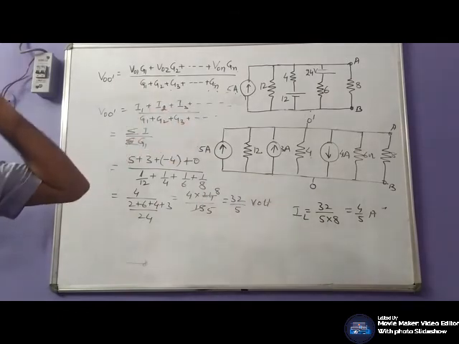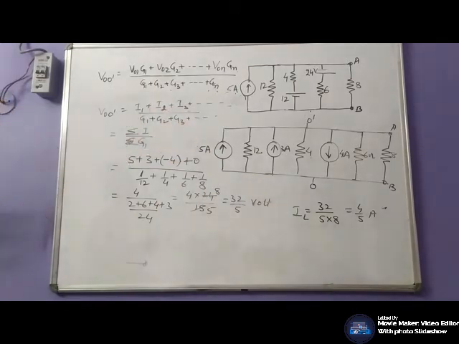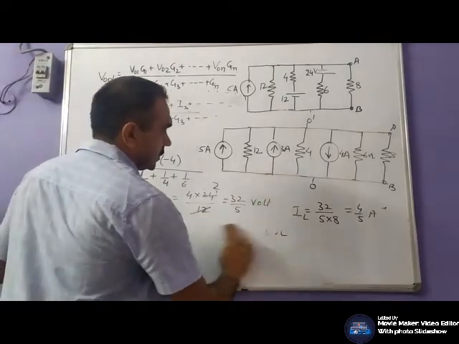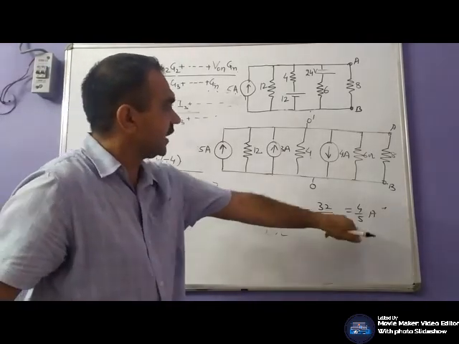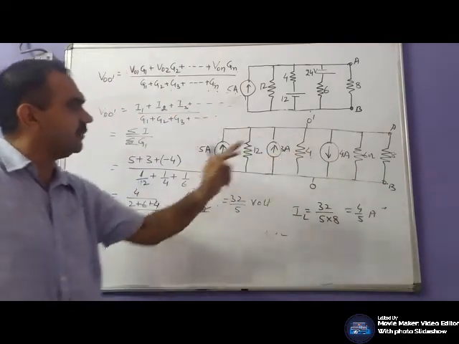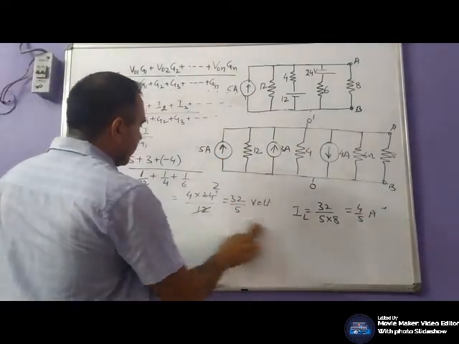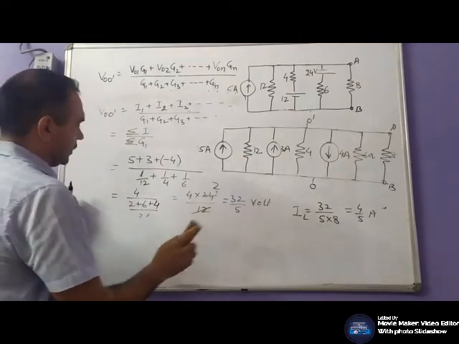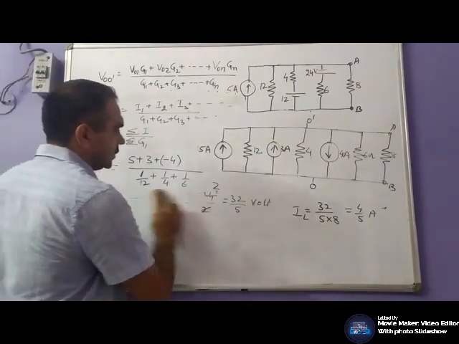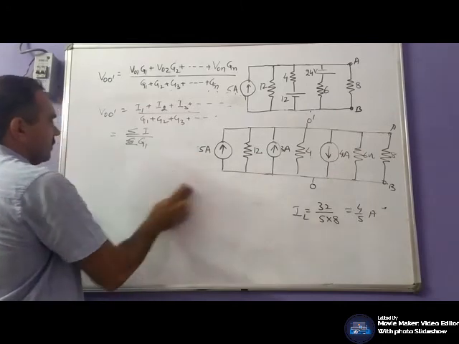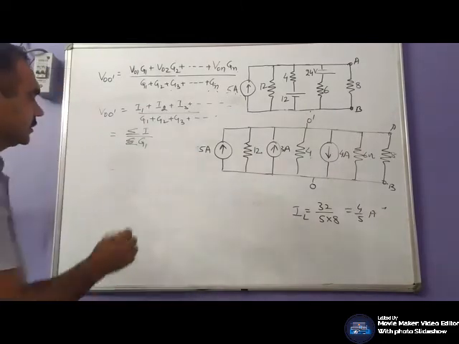Now come to your Thevenin's theorem concept. One thing is clear, this current, as we have applied Millman's theorem, was this one. Here we have a number of current sources, so what would be the equivalent current?